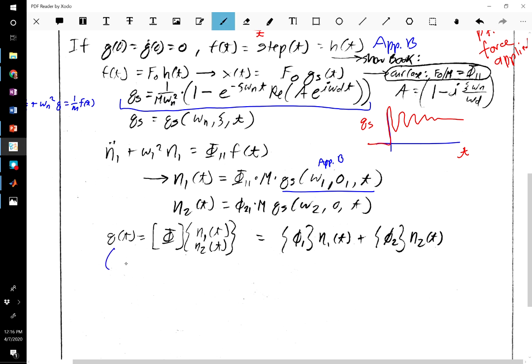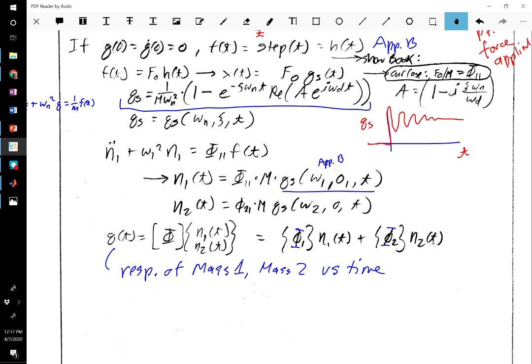So this right here will be the response of mass 1 and mass 2 versus time. And as we mentioned before, it's just a superposition of the two mass normalized mode shapes, so I probably should have written them like that, times their respective modal coordinates. So that's all there is to it.